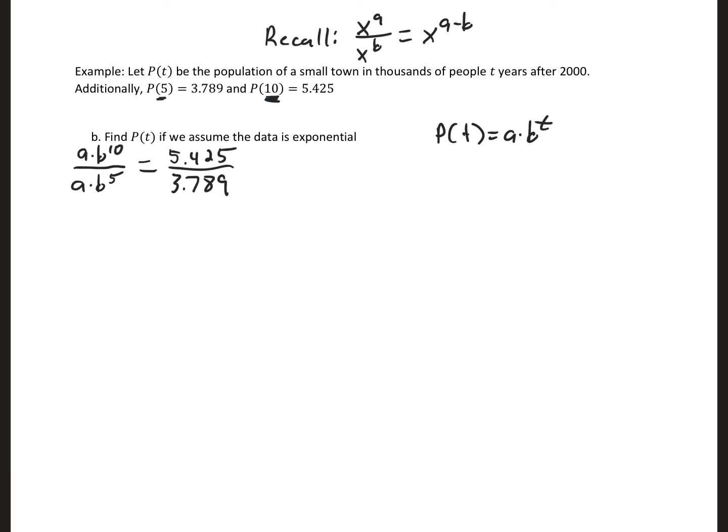A few algebra things are going to happen. First of all, a over a would essentially cancel out. And now we're going to use this exponent rule. B to the 10th over b to the 5th is equal to b to the 10 minus 5, or really b to the 5th. Then to undo any root, since it's b to the 5th, to undo that exponent, we need to do the 5th root.